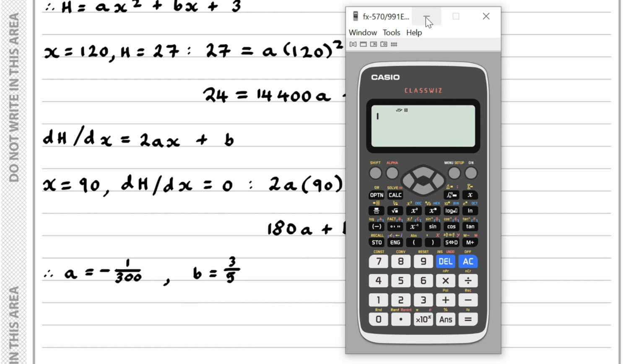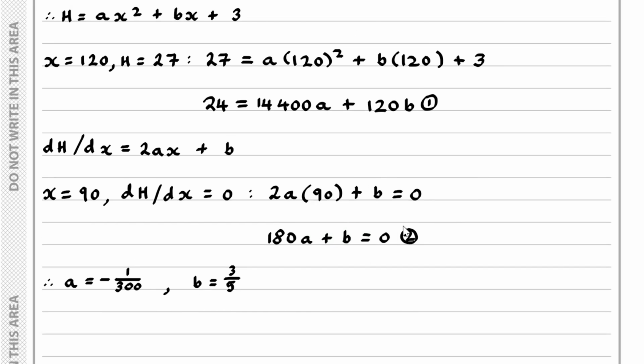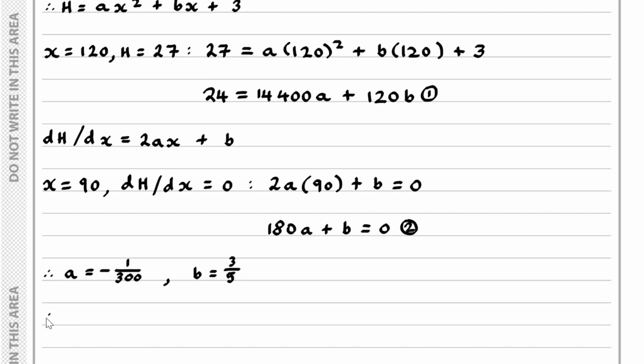And knowing the values of a and b and c, we can therefore conclude h is equal to minus x squared over 300 plus 3x over 5 plus 3. We have found a quadratic.